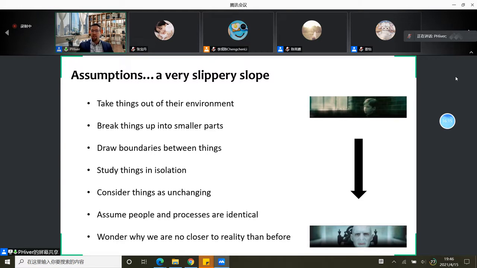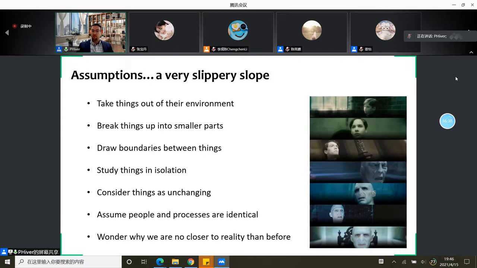And then we wonder why we're no closer to having a grasp on reality than before. So if you're wondering, how does an innocent child like Tom Riddle on the right-hand side here turn into the arch-villain, Lord Voldemort? Well, just like with assumptions in research, it's a very slippery slope.